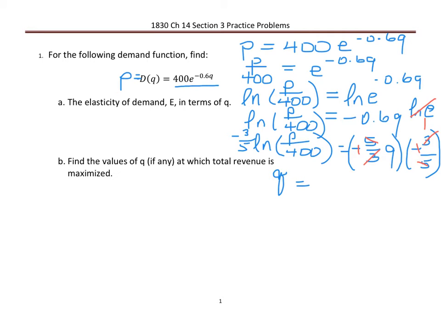And q is negative 3 over 5 times the natural logarithm of p over 400. And so now I'm ready to take the derivative of q.